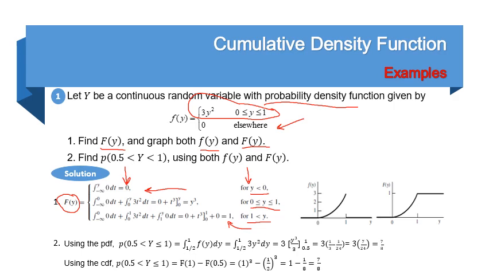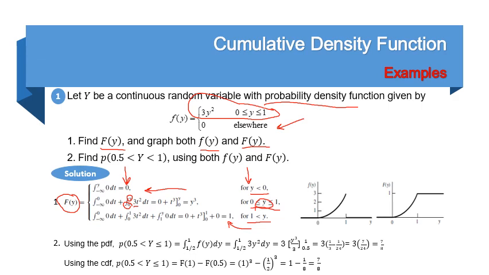The only branch you need to take care of is the branch when you put your y in the middle of 0 and 1, because you have to integrate over the function he gave you from the starting point in your range, which is 0, up to a value called y. The y here can represent any value. So we are integrating from 0 to y the function he gave us, which is 3t squared or 3y squared.